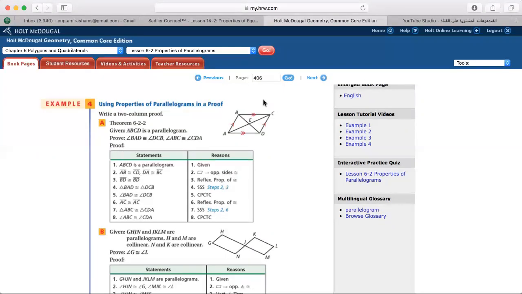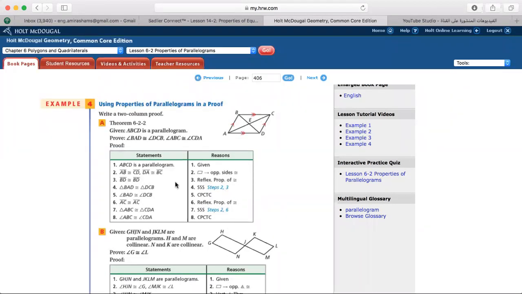Given that ABCD is a parallelogram, prove that triangle BAD is congruent to triangle DCB is congruent to triangle ABC is congruent to triangle CDA. I have 4 triangles combined together in this parallelogram. They want to prove that the 4 triangles that are combined together are congruent.